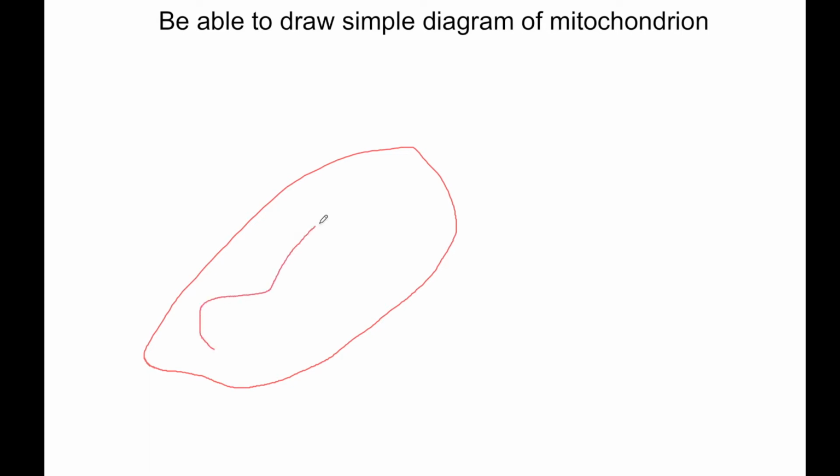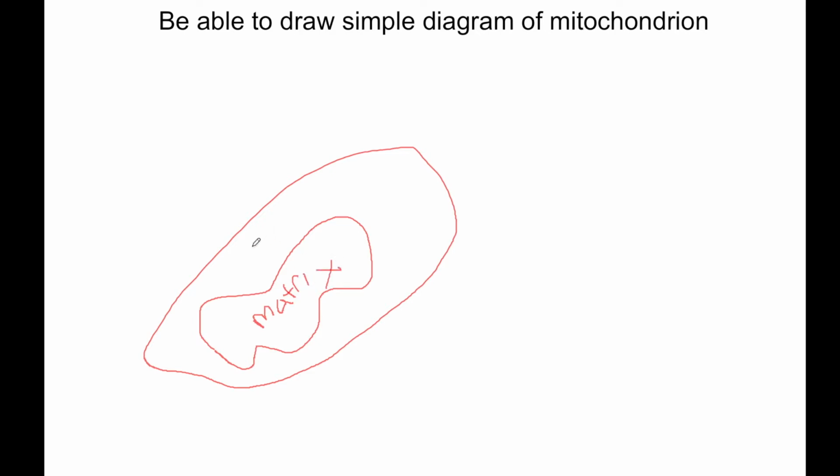I'm drawing with my finger, a little bit tough for me to do this, but one membrane on the outside and on the inside, a folded up membrane like that. The outside of this space would be considered the cytoplasm. This innermost space inside both of the membranes is called the matrix, M-A-T-R-I-X.